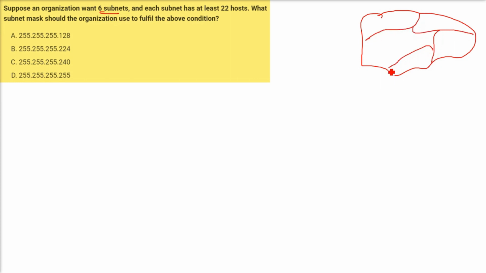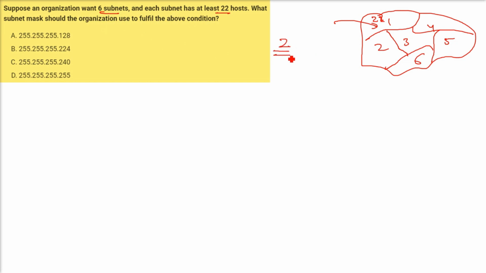And every part should have at least 22. That means it cannot have 21 or 20. It has to have 22 or more. So 6 subnets, and along with this, every subnet should have 22 hosts. What subnet mask should the organization use to fulfill these conditions?